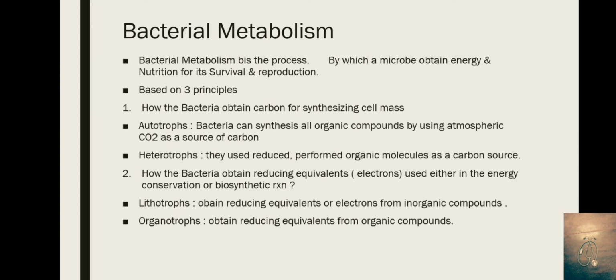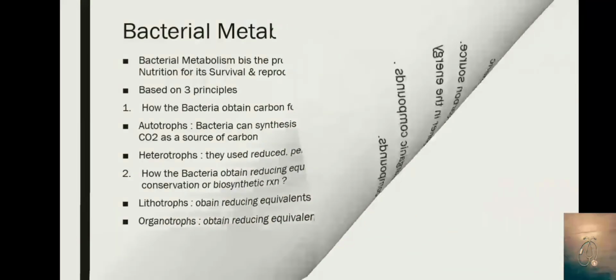Lithotrophs obtain reducing equivalents or electrons from inorganic compounds. Organotrophs obtain reducing equivalents or electrons from organic compounds.